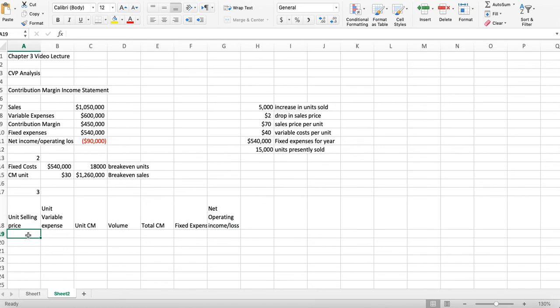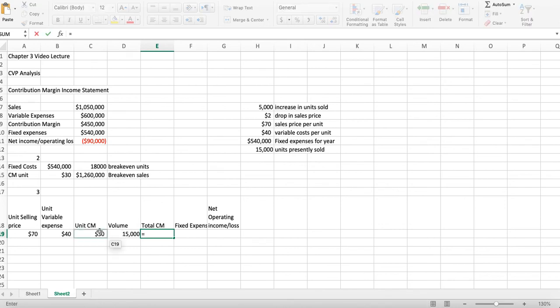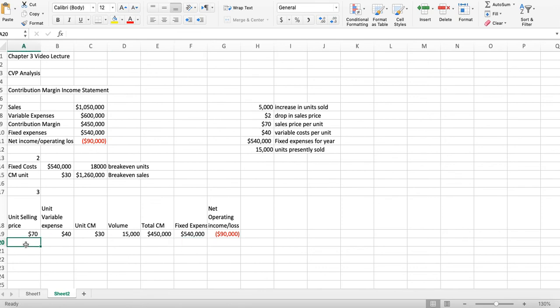Right now my unit selling price is $70. My variable expense is $40, which is given, and then my contribution margin is simply my sales price minus my variable expense. Currently at a volume of 15,000 units. Contribution margin then would be our unit contribution margin times our volume. Fixed expense are given to us, those don't change, and then our net operating loss is our contribution margin minus our fixed expense.